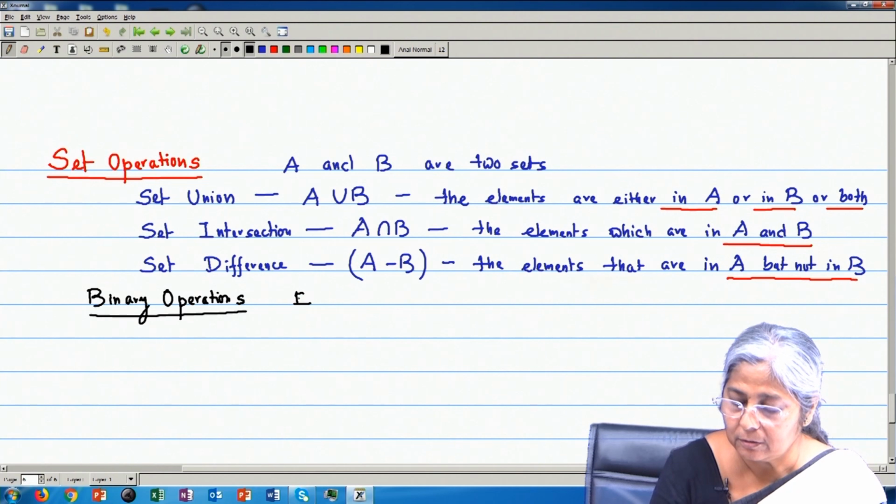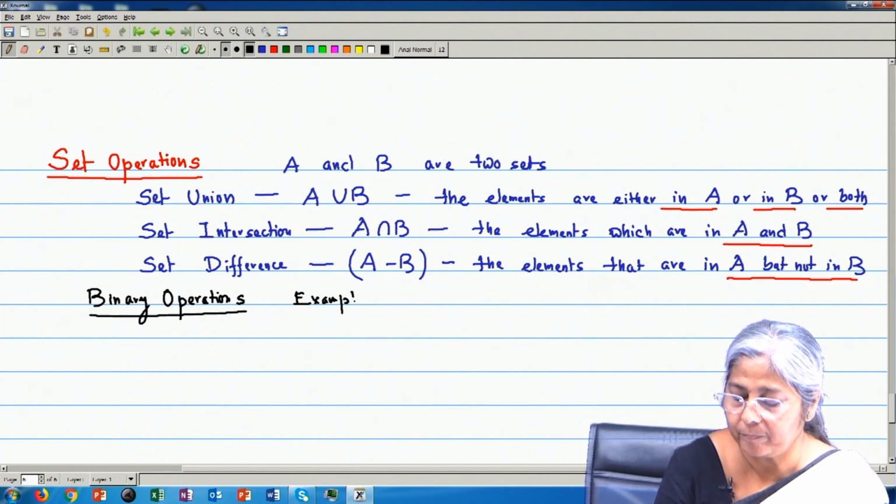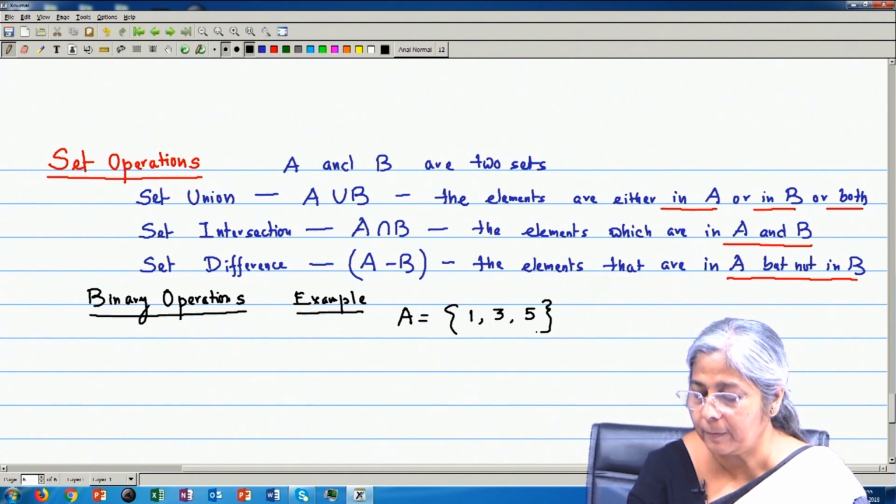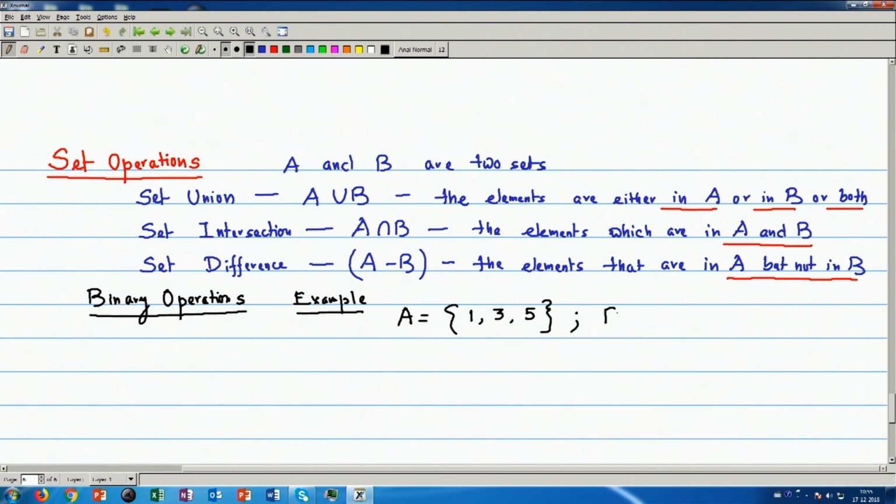If we take an example, say A is a 3 element set 1, 3, 5 and B is another set, say 2, 5, 7, 8.